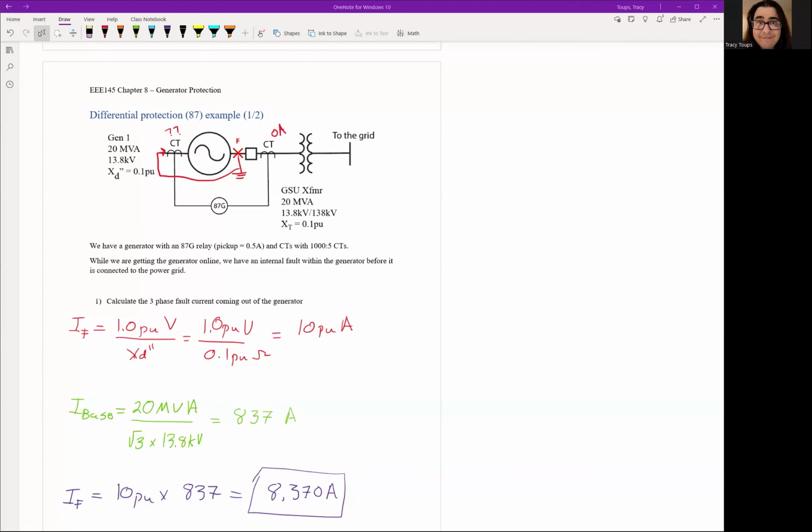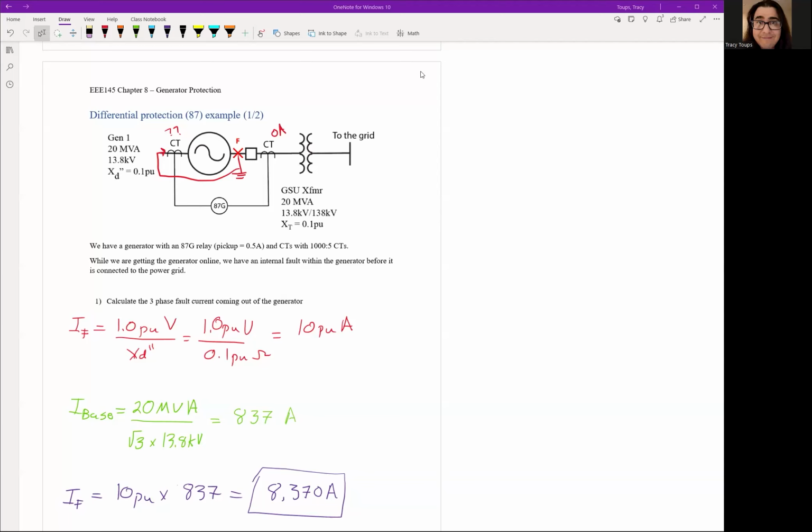All right, welcome back. Here we're going to go over differential protection for this generator setup. Remember, the first thing I asked is to calculate the three-phase fault current coming out of the generator. We assume we have 1.0 per unit voltage because the generator is online and ready to get connected.